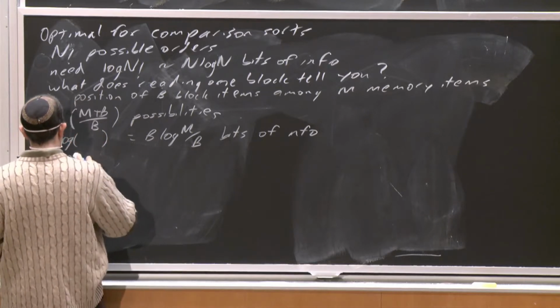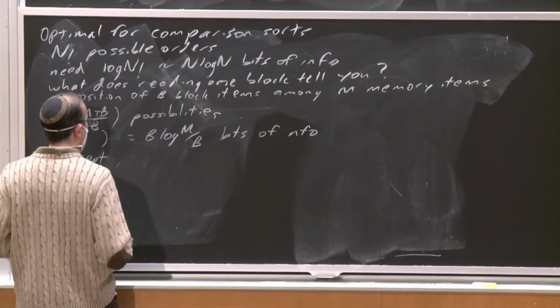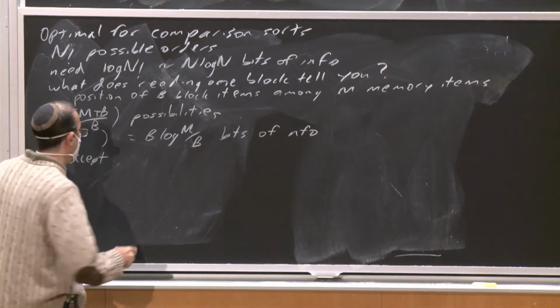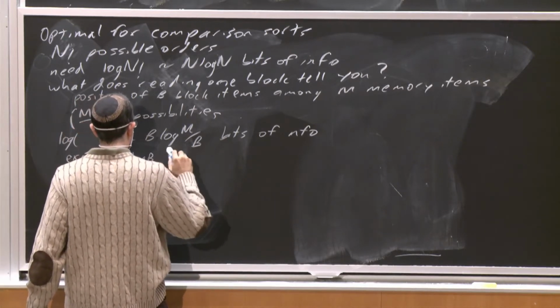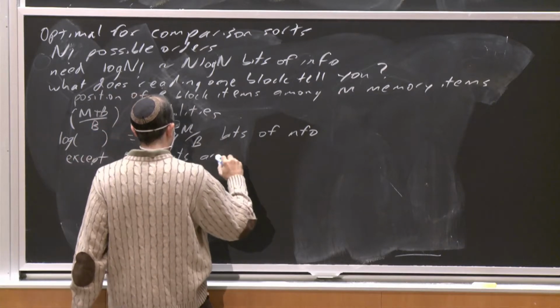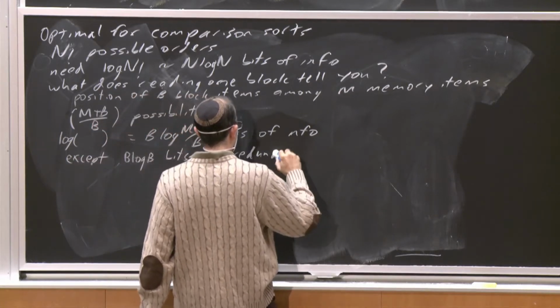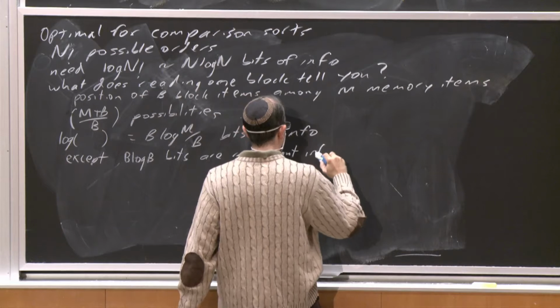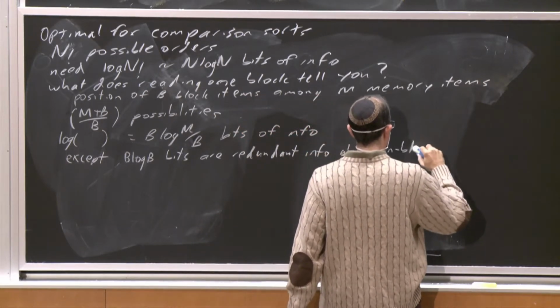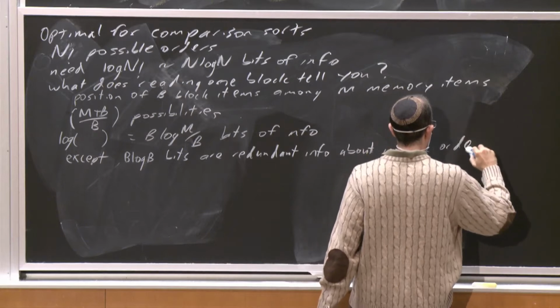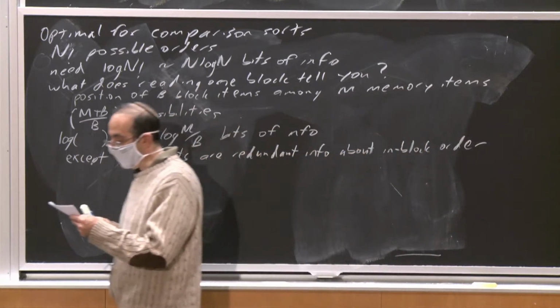Except that in that block that you read, B log B bits are redundant info about the in-block order of the B items in the block.